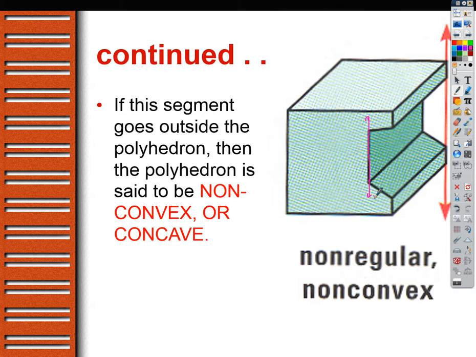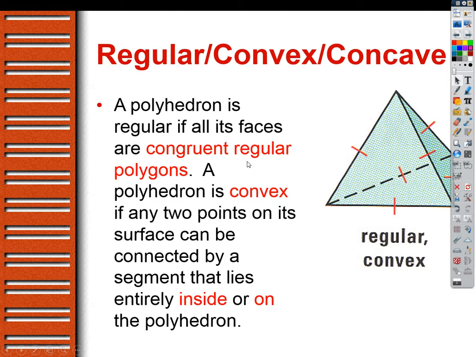Yes? Would a pyramid be convex? A pyramid would be convex, right? If we go back and look at the pyramid, see, there's an example of a pyramid. Any one of those edges that I take, if I extend them, they're never going to pass through any part of either the surface or the interior of the polyhedron.